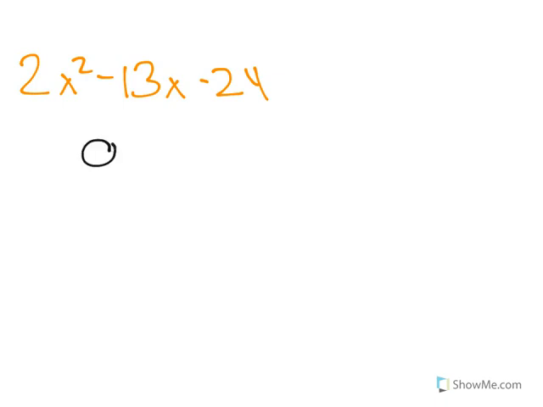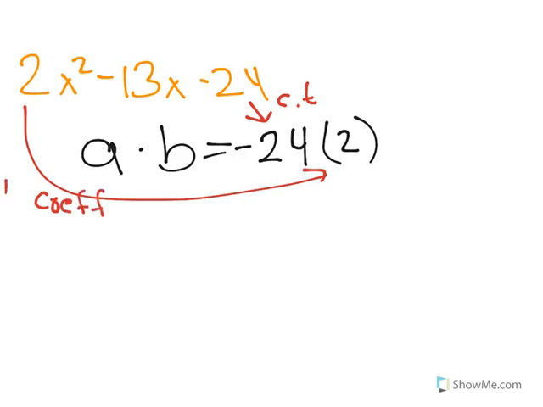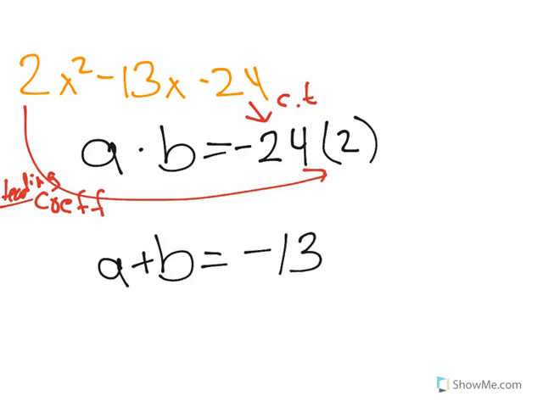So we want to find an a and a b that when you multiply them together give you negative 24 times 2. Negative 24 because that's our constant term, and 2 because that's the leading coefficient. We also want the a and b that, when added together, give you negative 13, which is the coefficient of x.